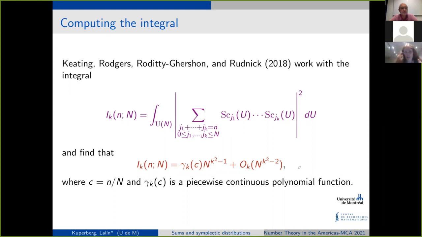This coefficient is a polynomial in small n over N, and they proved that it is a piecewise continuous polynomial function. They went on and studied many of the properties of this.